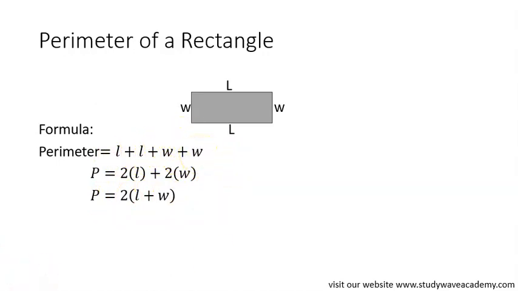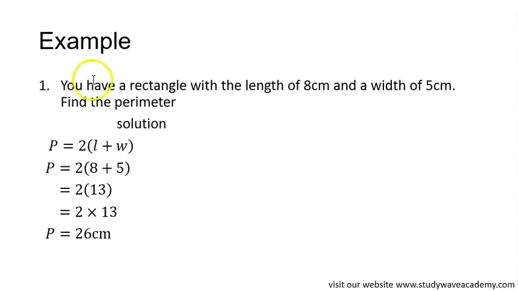We're going to be looking at some examples to help us understand better and apply our formula. You have a rectangle with a length of 8 cm and a width of 5 cm. Find the perimeter. We have a rectangle with the length of 8 cm and a width of 5 cm. So the length of the rectangle is 8 cm and the width is 5 cm.